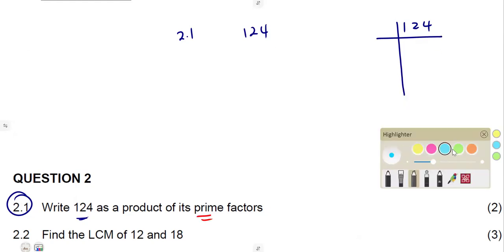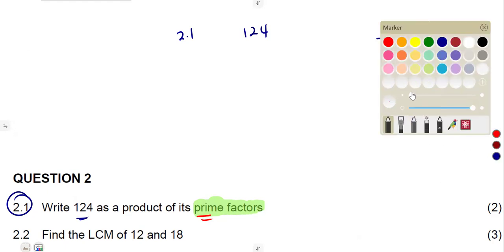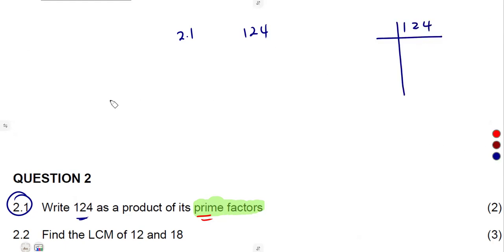We must use prime numbers, exactly divisible by 1 and itself. So which prime numbers do we have from the smallest? 2, 3, 5, 7, 11, and so on.